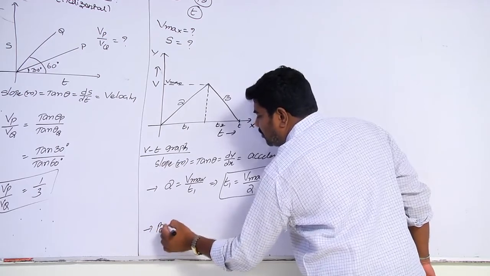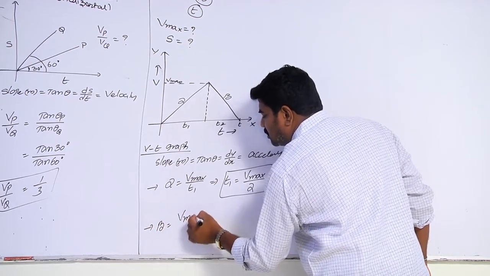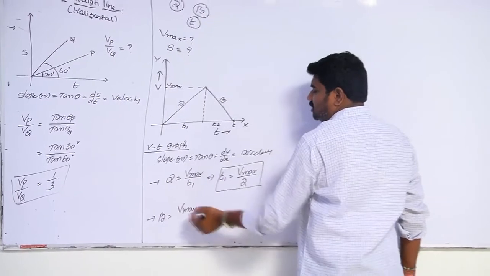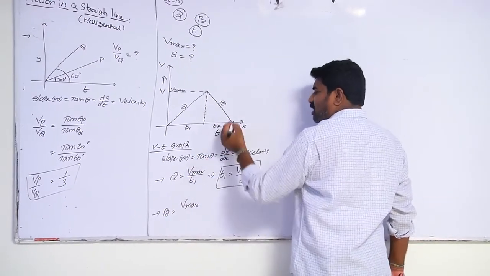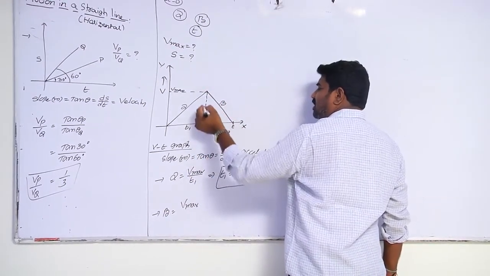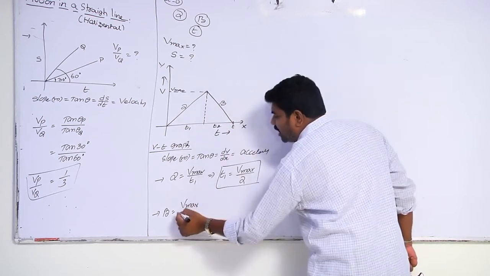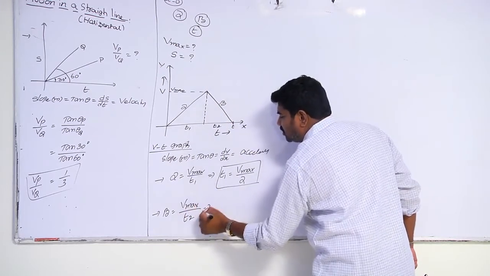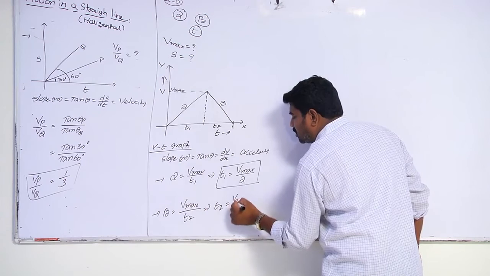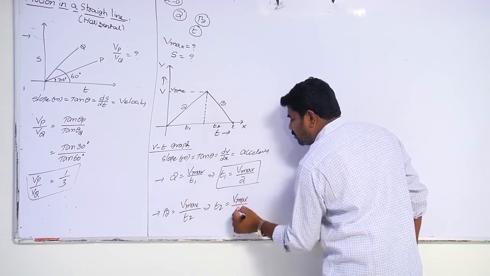Similarly, here beta is tan theta, which is also dy by dx, so beta is equal to V max by t2, that implies t2 is equal to V max by beta.